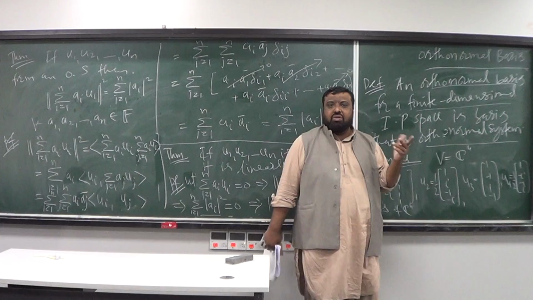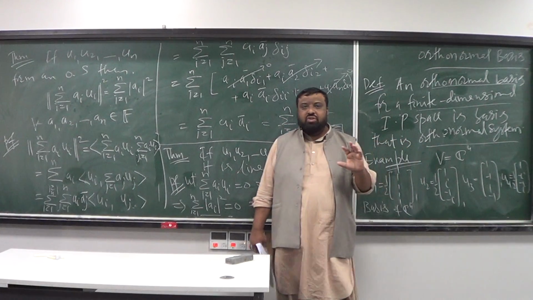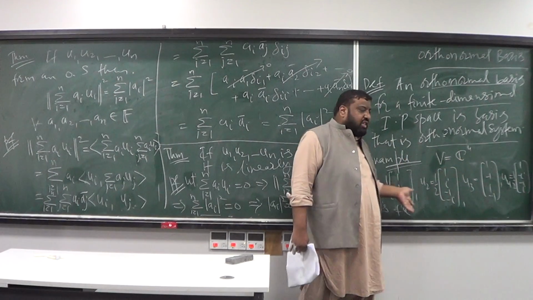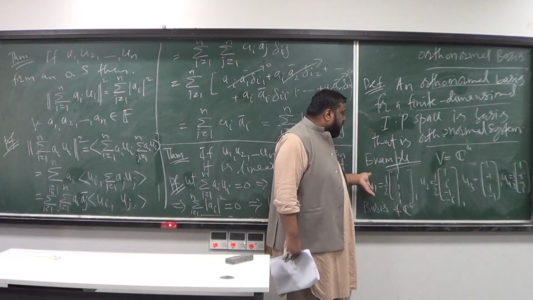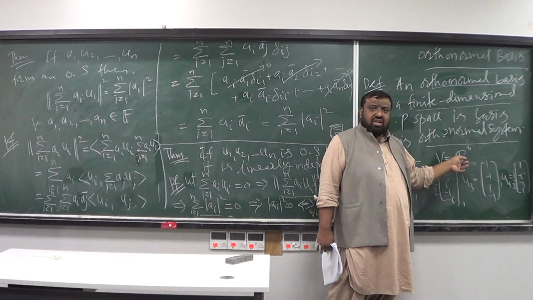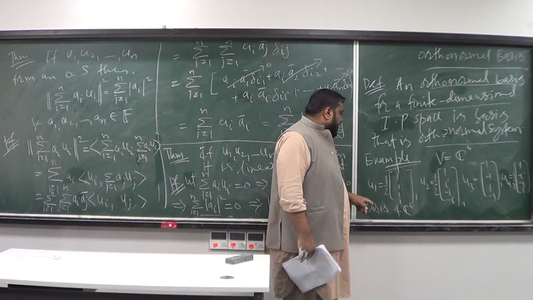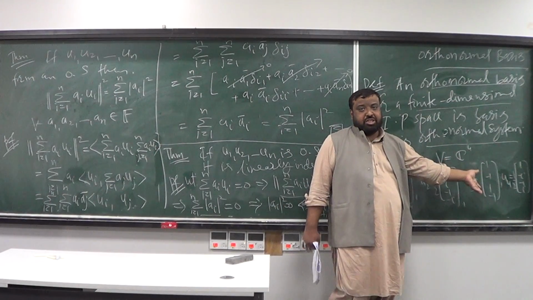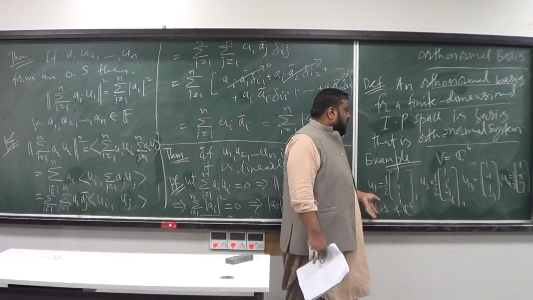So you don't have to worry about the spanning. They will indeed span C4. The only thing that we need to verify in order to prove that these 4 vectors are a basis for C4 is that they are linearly independent. So you may verify.